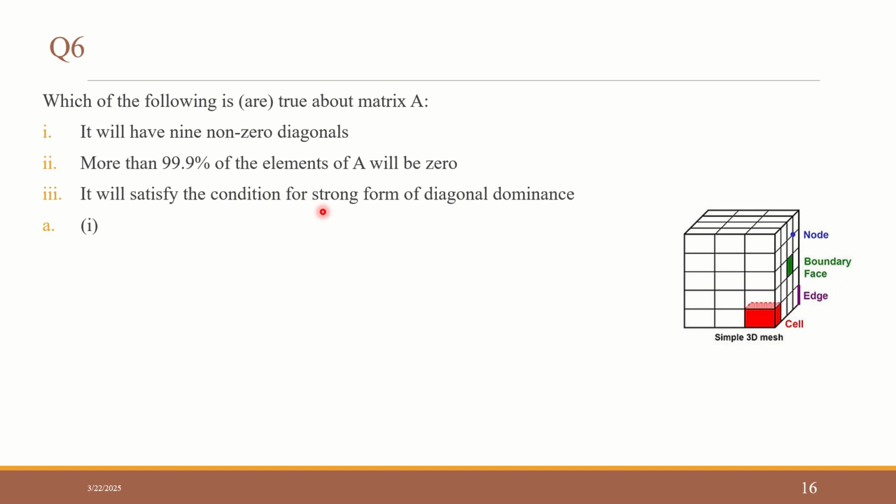If we talk only about the interior grid points, we can say something about diagonal dominance, but since we are talking about all the points in the domain, the points near the boundary will have fewer elements than required. So all these things play a major role, and it won't satisfy diagonal dominance. We can make it, but it won't. So the second statement alone is true.